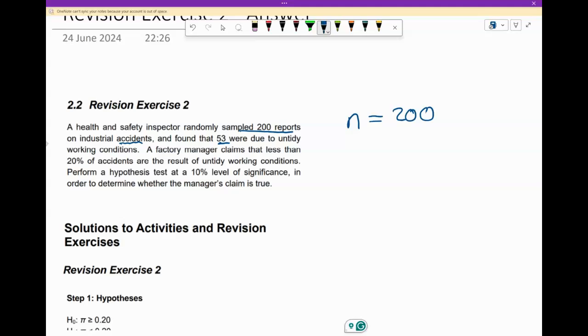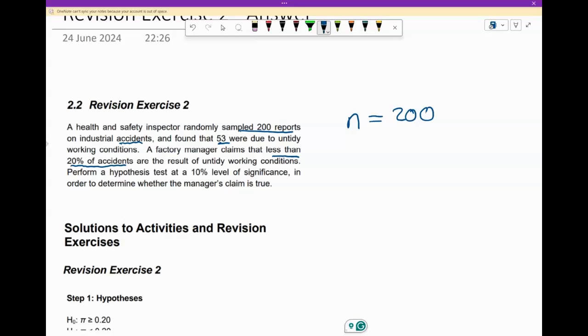Then it goes on to tell us that a factory manager claims that less than 20% of accidents are the result of untidy working conditions.